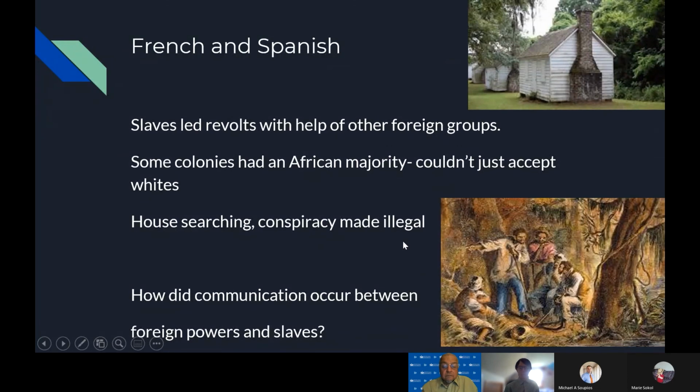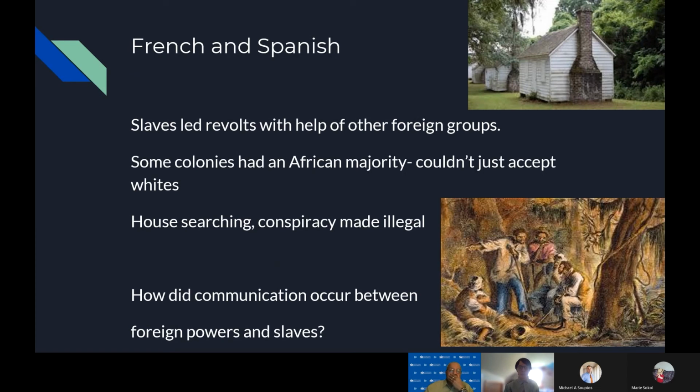So then the book details the part that other nations played in these revolutions, namely the French and Spanish. So in these sort of southern colonies, they often had some contact with other foreign groups, because immigrants were coming over, as Dr. Pritchard mentioned, in these waves.